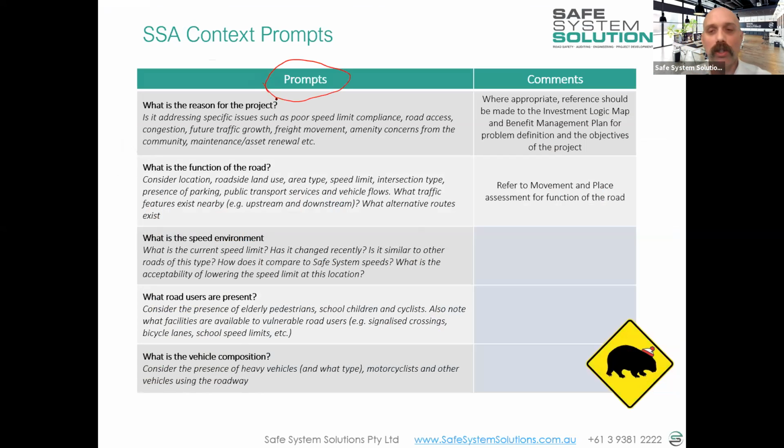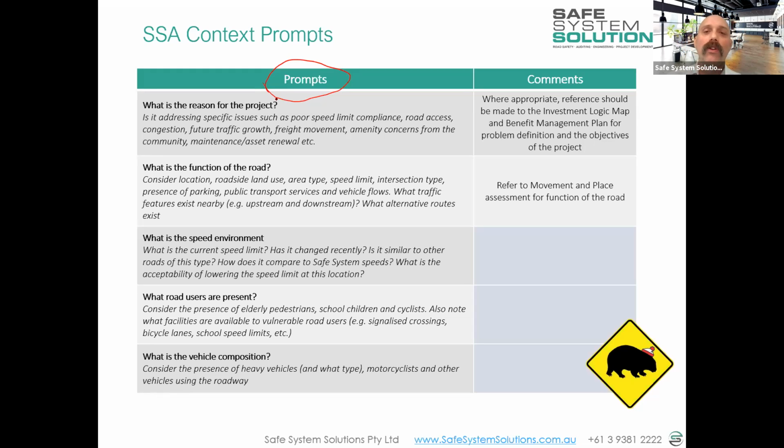They're not the only questions you'd want to ask, but they are the standard set of questions to get an understanding of the context and the scope of the project you're about to assess. Questions like: what's the reason for the project? What's the function of the roads? What's the speed environment? What road users are present? What are the traffic flows? Is there any movement and place categorization? Do you have any traffic modeling? Where are the local schools? And what are the desire lines for pedestrians?